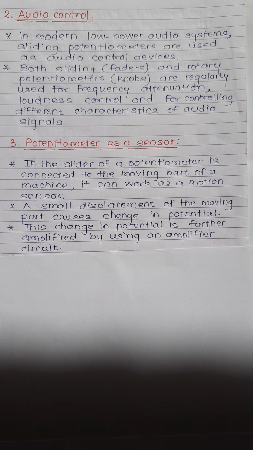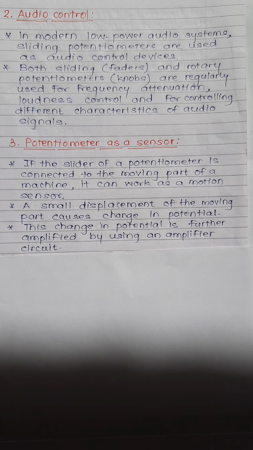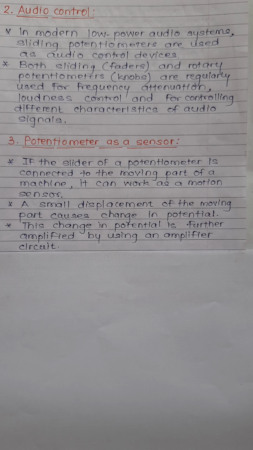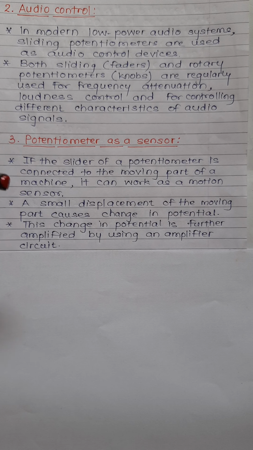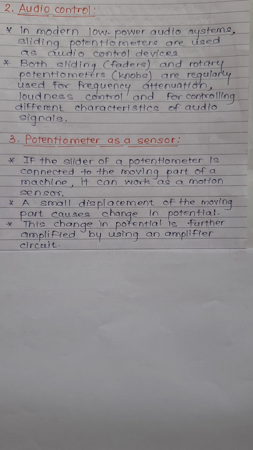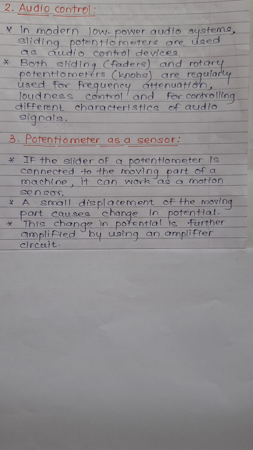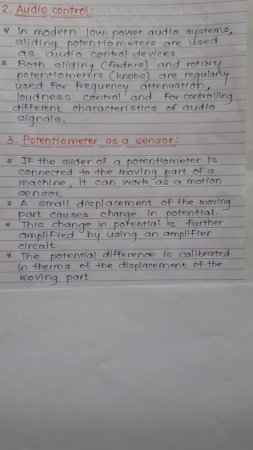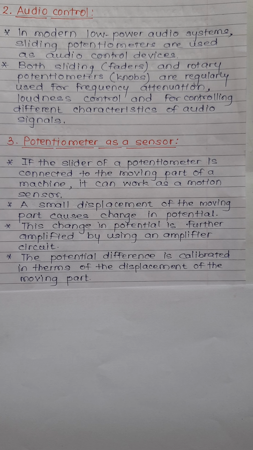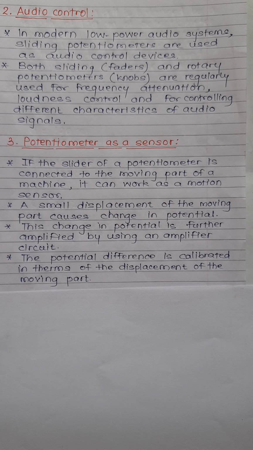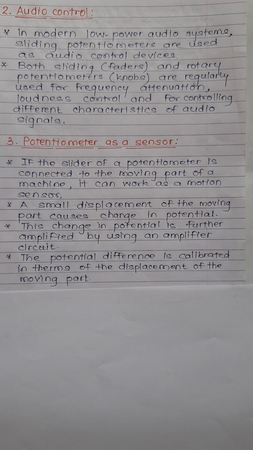What amplifiers are, we are going to see in the next lessons. So I am repeating this part again. A small displacement of the moving part causes a change in potential, and this change in potential is further amplified by using an amplifier circuit. Now the potential difference is calibrated in terms of displacement of the moving parts. Thus potentiometer can be used as a sensor.